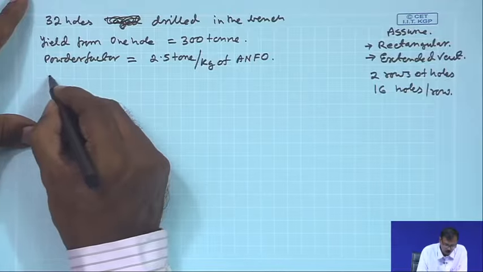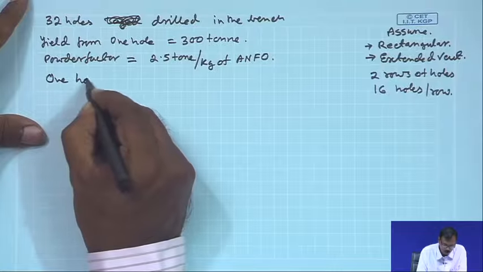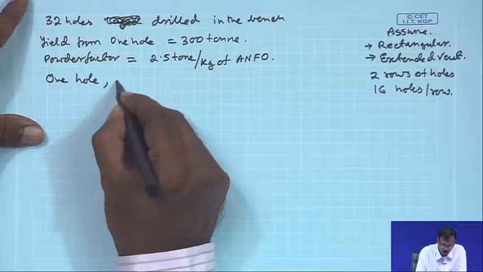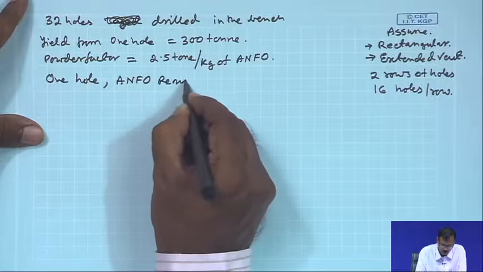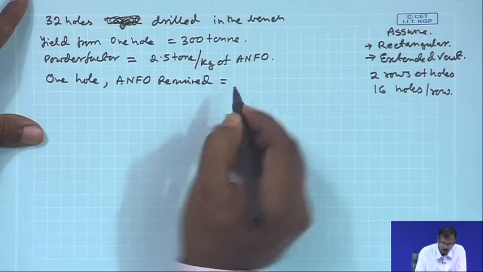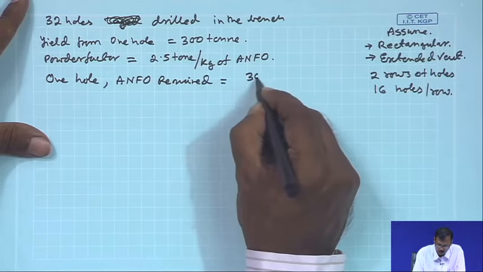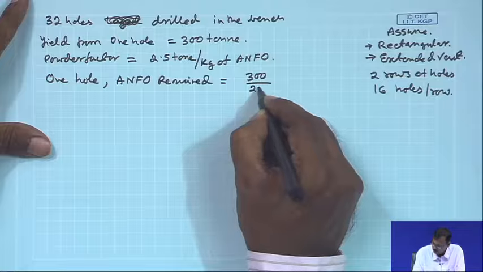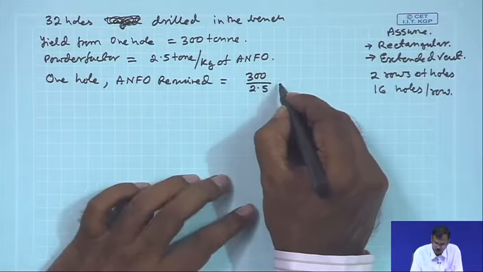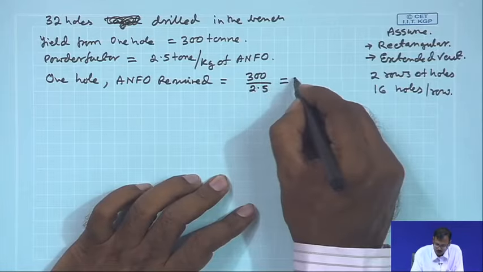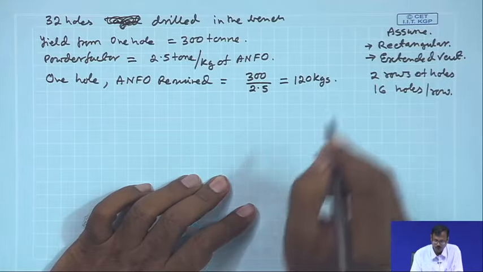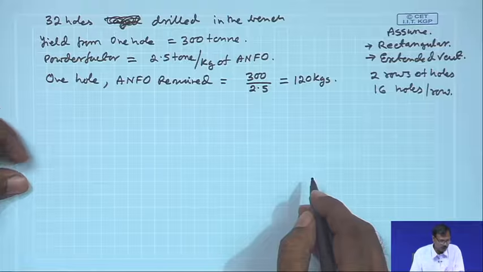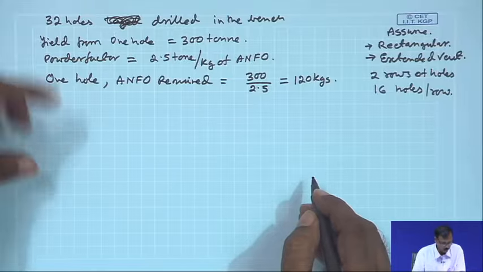So the ANFO required in one hole is equal to 300 by 2.5, which is equal to 120 kgs of ANFO required in one hole.